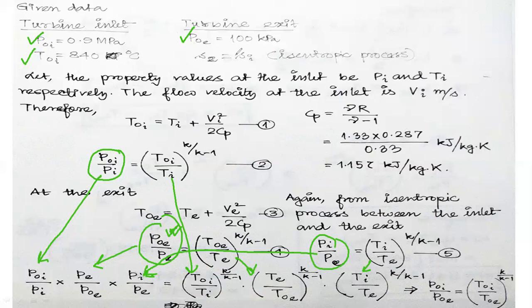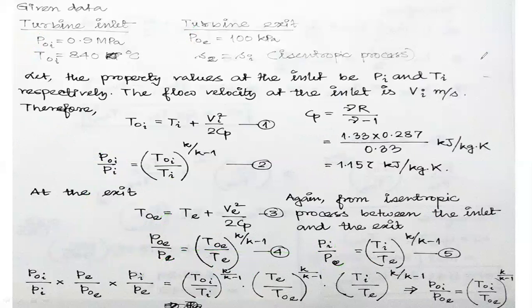Now you see that if we write like this, then this Pi will cancel, Pe will cancel. We have to do this because these values are not known. We have to reduce the number of unknowns.